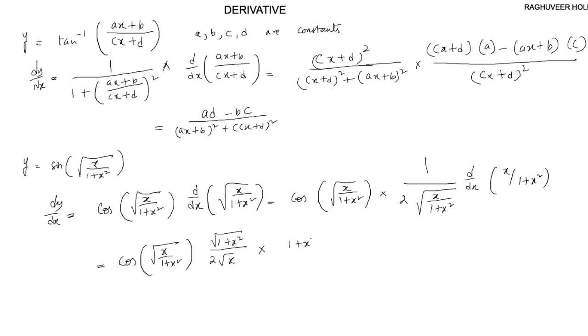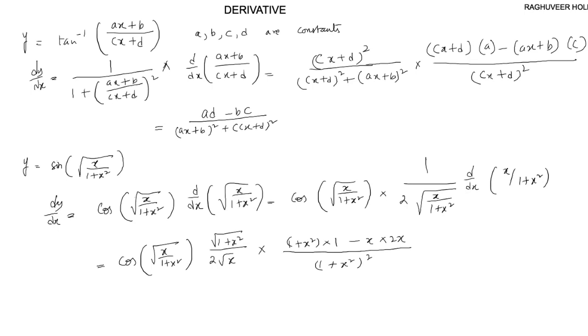And multiply (1 + x square) into (1 minus x) multiplied 2x. This whole thing divides by (1 + x square) whole square.